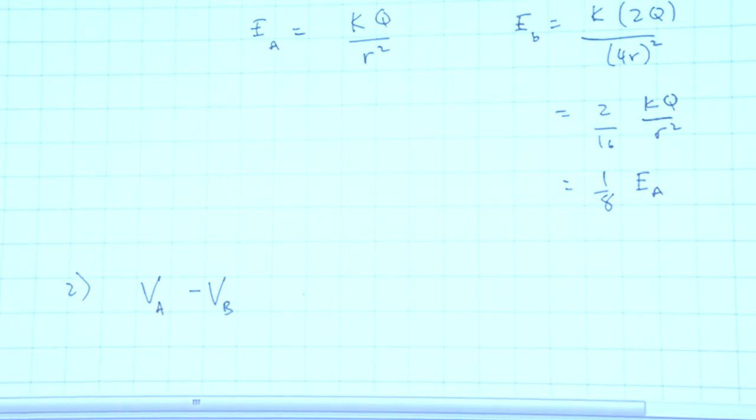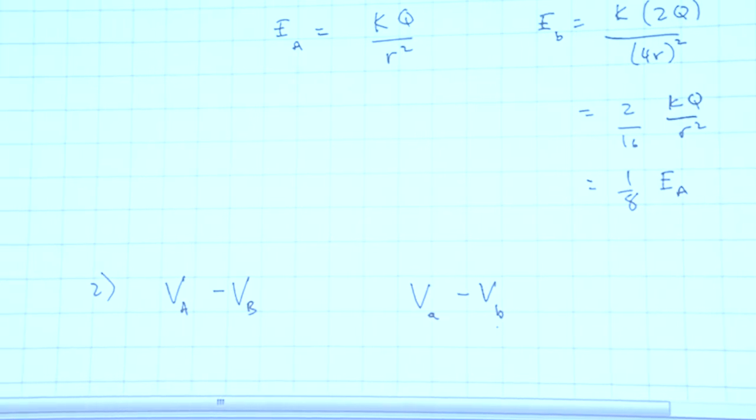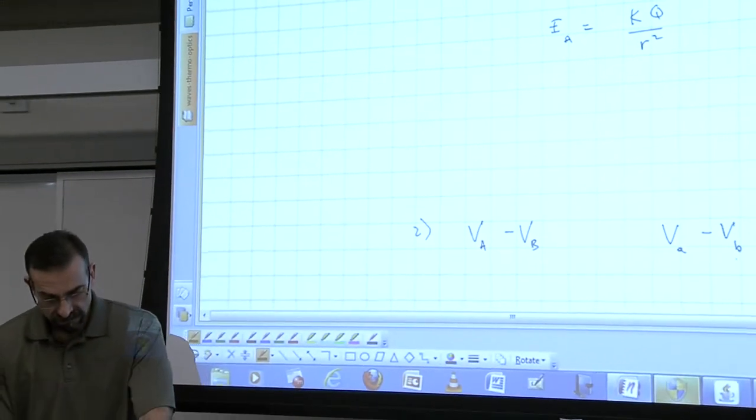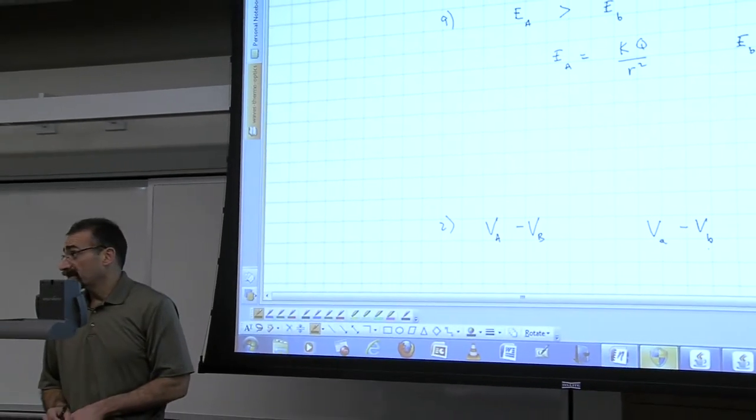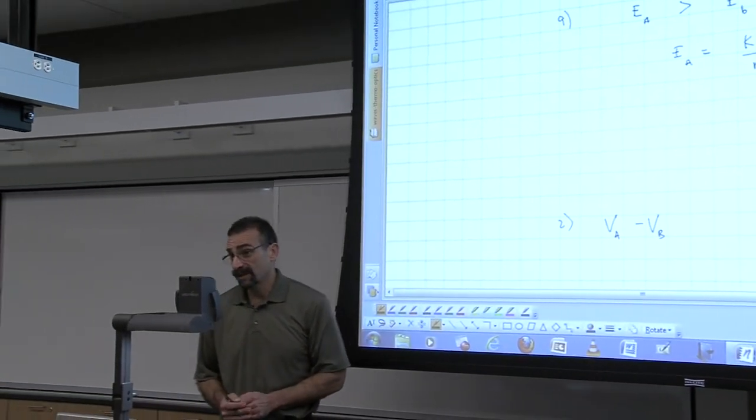Potential difference. Let's see if we can kind of reason through it, and then I'll tell you what the formula is for potential from a point charge.